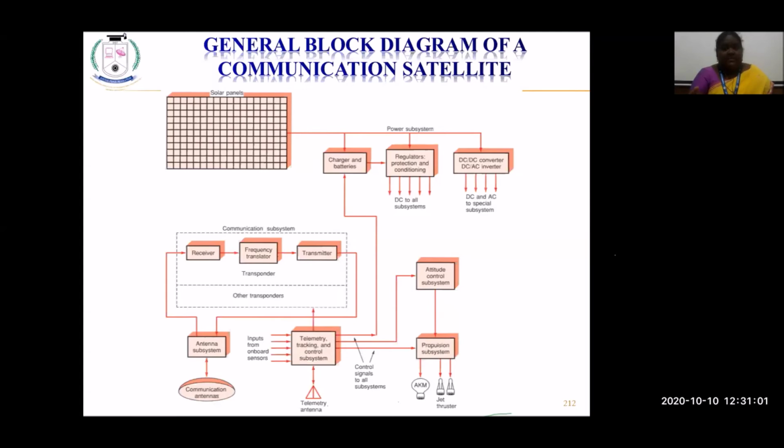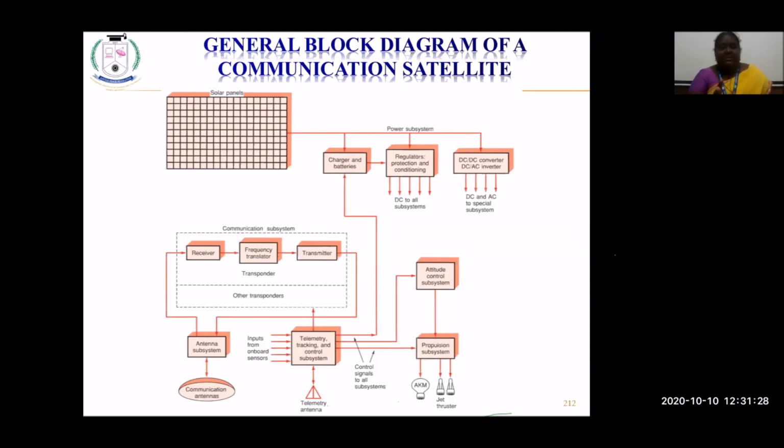Whenever the solar panels are not focused on the sun, or the sun power fails because of the position of the satellite or during eclipse times, the rechargeable batteries support the power system and thereby supply power to all the other systems in the satellite.